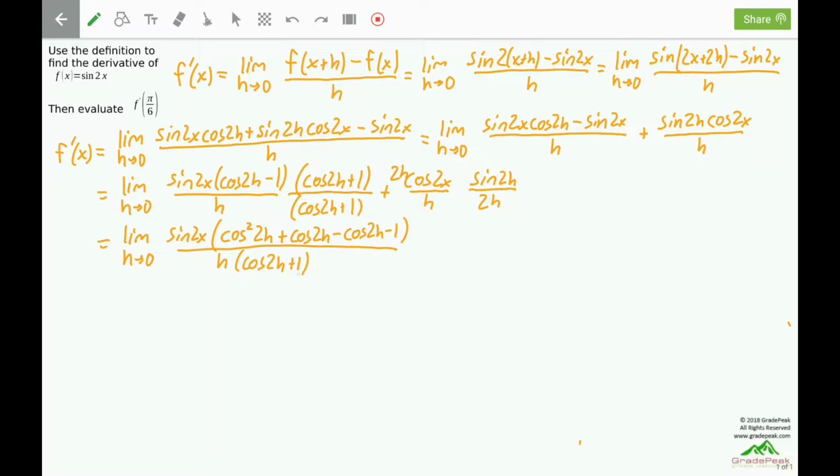We'll keep it factored. The second fraction, we have h's that can cancel, so I'm going to cancel those out, giving us 2 cosine 2x. And then we have the sine of 2h over 2h, which is perfectly phase matched, and we'll have a limit of 1.